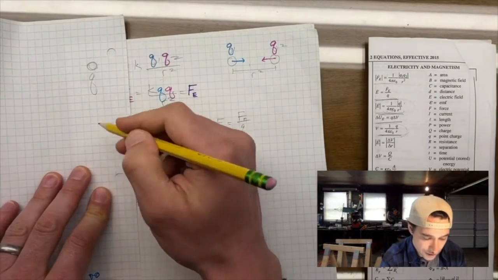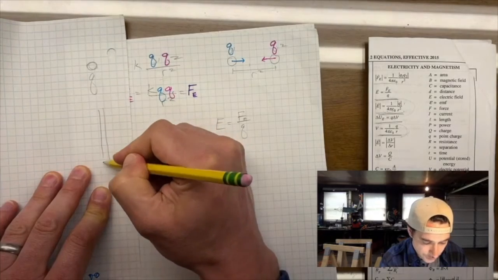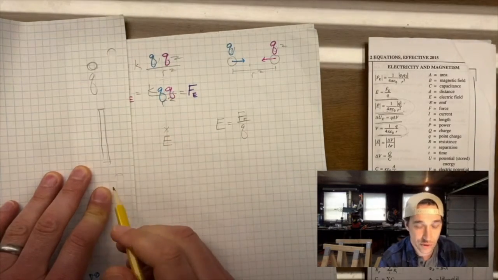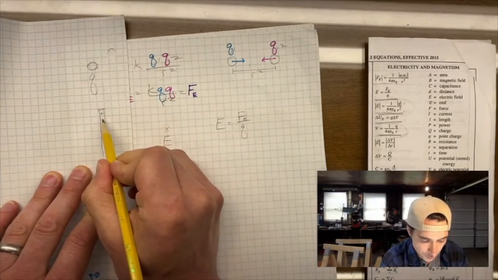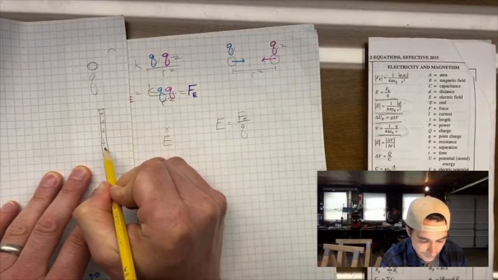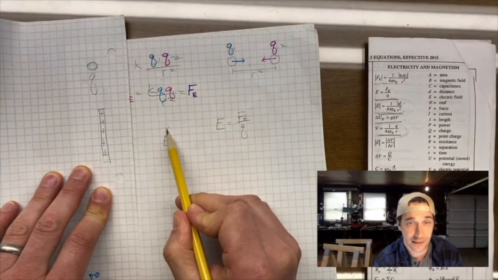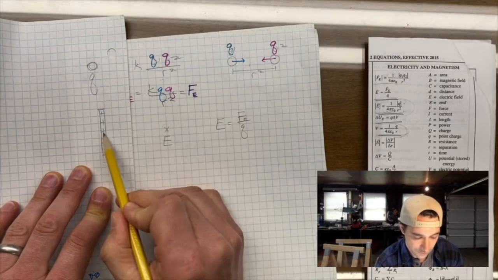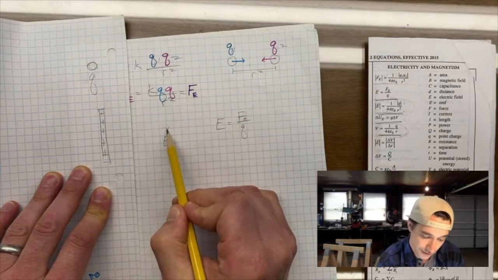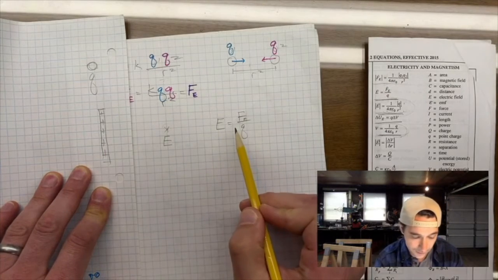Maybe there's not a charge there. Maybe there's a whole line of charges. We've seen this with charged plates. Maybe there's a whole positive plate here, and if a positive charge is sitting here, it's going to feel some force that way.